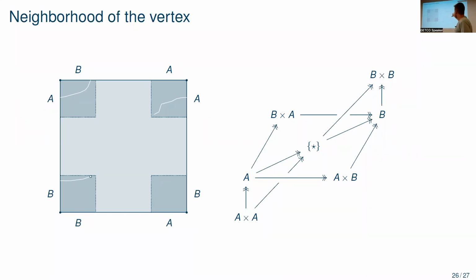The diagram which is on the right just shows you that this partial order around the point is actually partitioned into 7 parts. So A times A star, and so on.